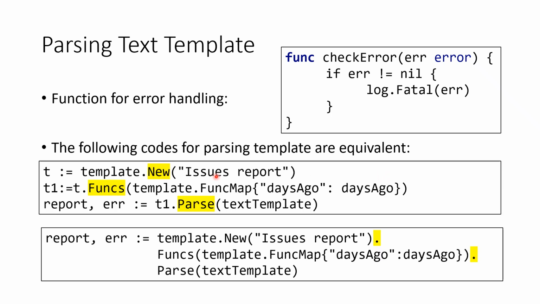Note that in the three function calls for parsing the text template before error checking, we don't need to refer to t and t1 later. So we can combine these three function calls into just a chain of calls like this. You can learn more about such a chain of calls when we cover methods and interfaces.